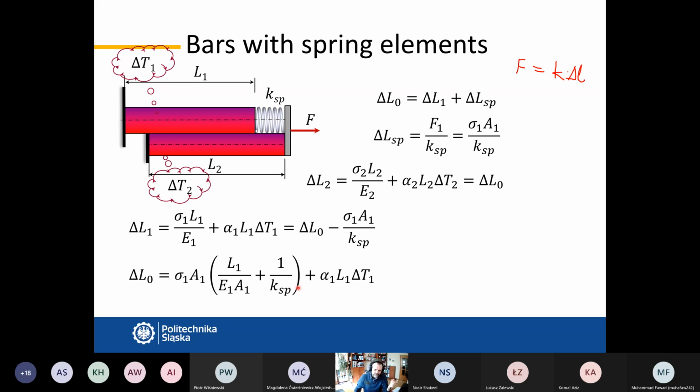Of course, deformations here and here are completely different. This is quite elastic, this is quite stiff. But we have exactly two elastic elements connected in series, so we add up their compliance in such a way, 1 over K. The K for the bar is EA over L. So we have the reciprocal of this factor, and this is the part connected with the temperature change.